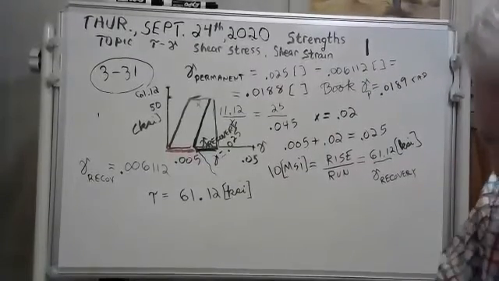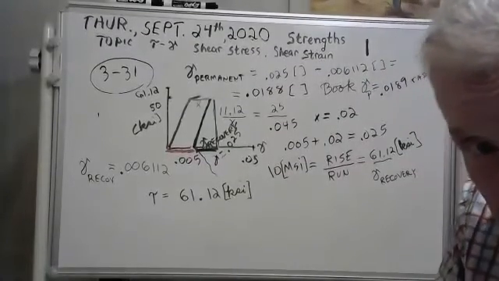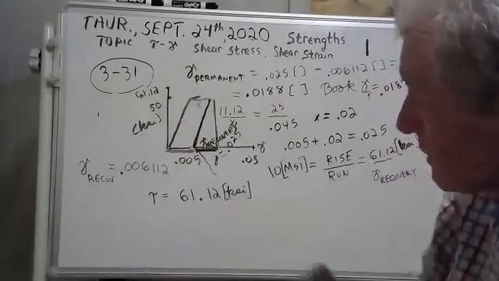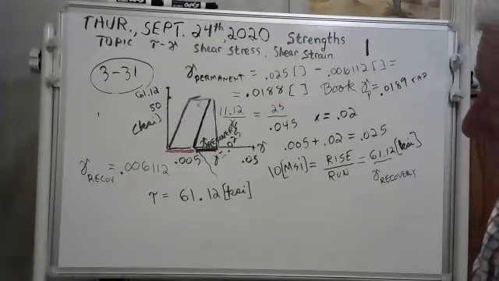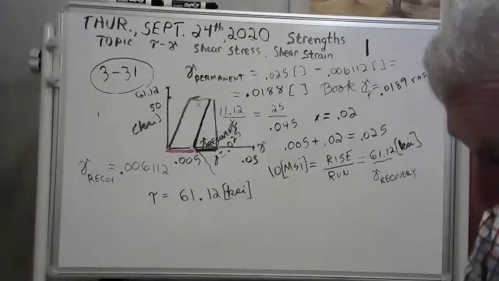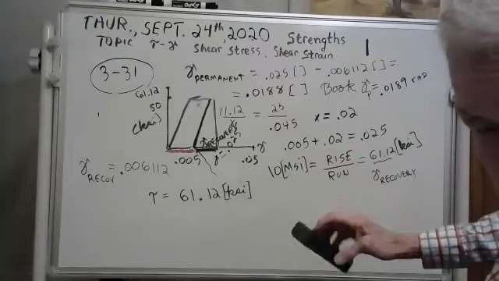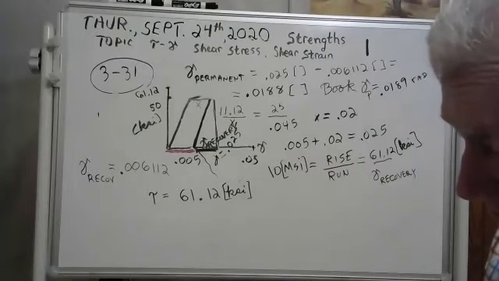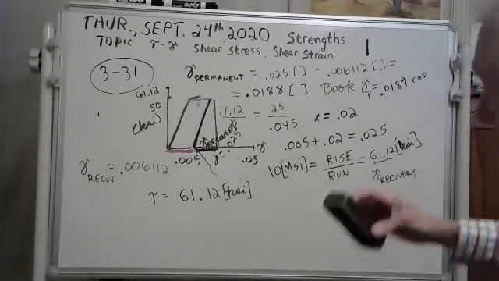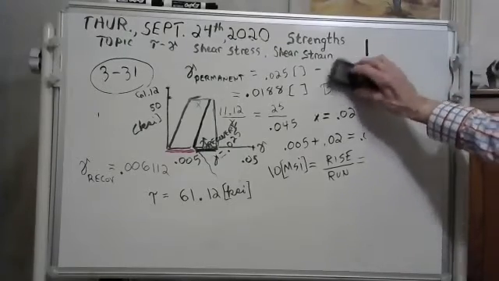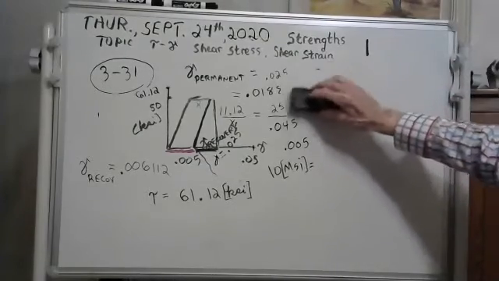Last chance to speak up about that one there. That was problem 331. And we got the right answer in the back of the book. Yay. Here's your last chance. Otherwise, I'm going to erase it. We're going to do something else. Okay. Say goodbye to 331, and we're going to do something else now.